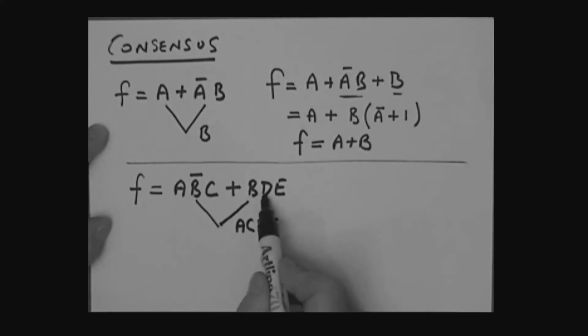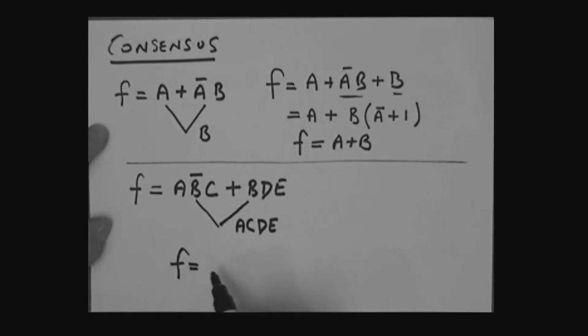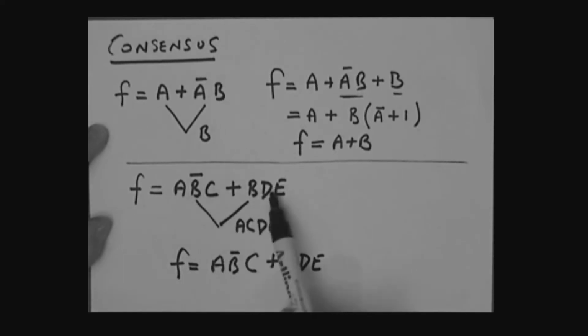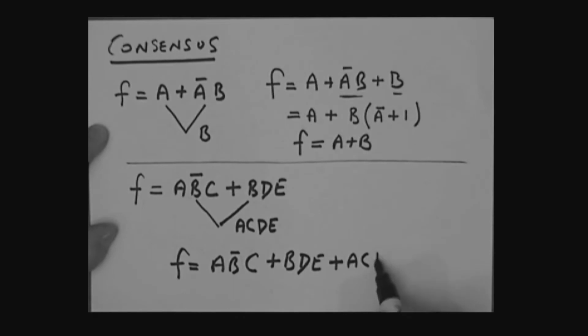So that is my optional product, A C D E. I could rewrite my function as A B bar C or B D E, those are the two original terms called the parent products, plus the optional product term, which is A C D E. As I say, that's the optional term sitting there.